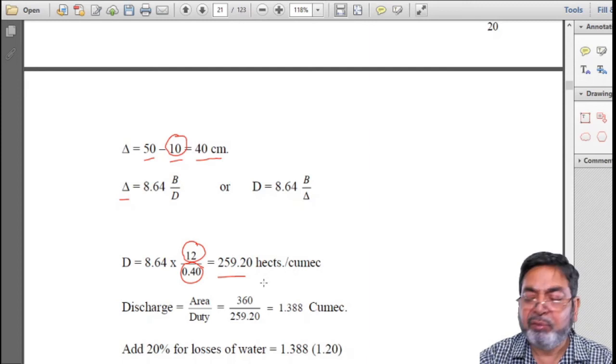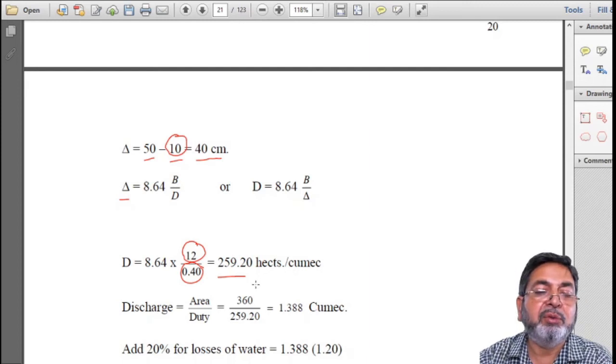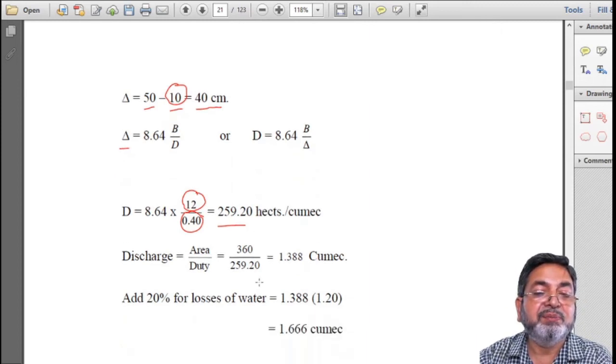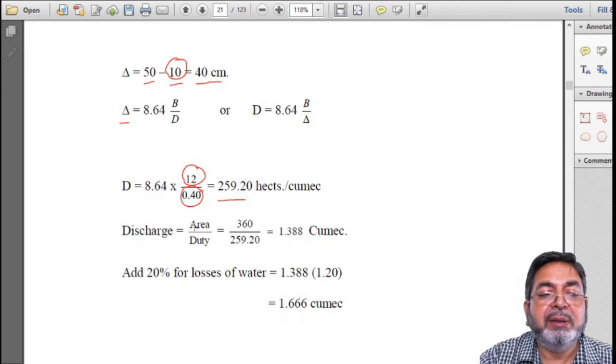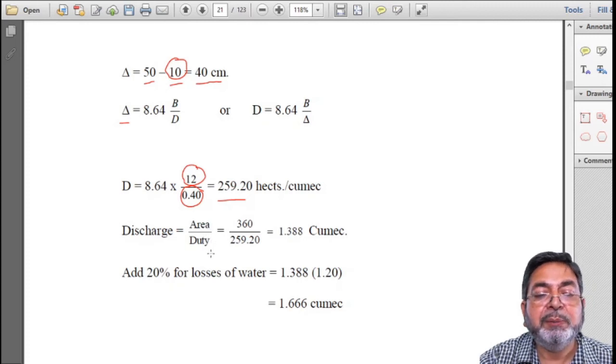The next item which you have to calculate here is the discharge. And discharge, I have earlier told you also, if you want to find out the discharge, you have to divide area by duty. So discharge is equal to area upon duty.